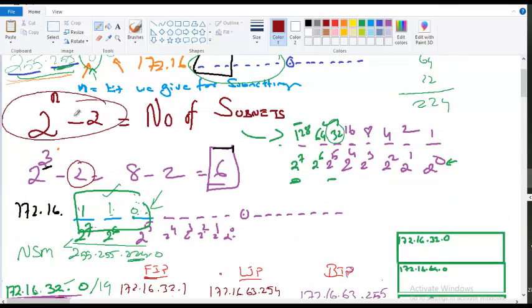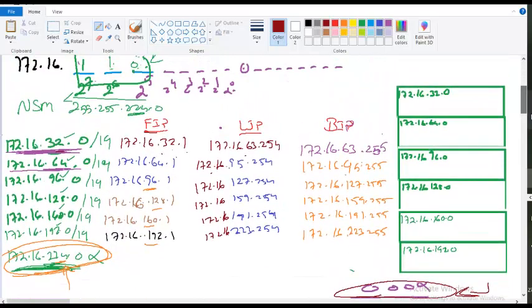So they mention it very clearly, zero subnet. If only they mention zero subnet, this will become the second network. If not, this is the first network. So that is how Cisco works. That's why I teach separately.